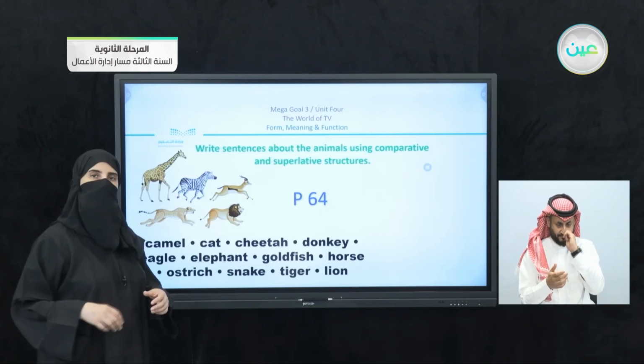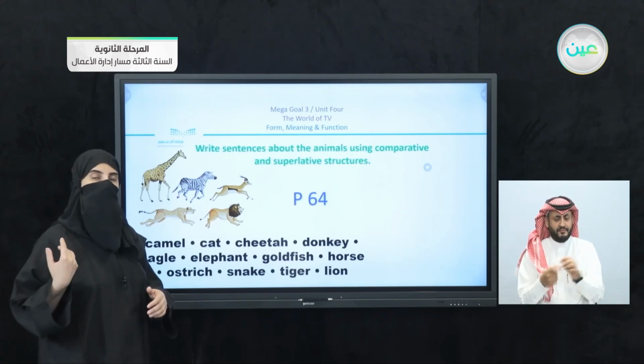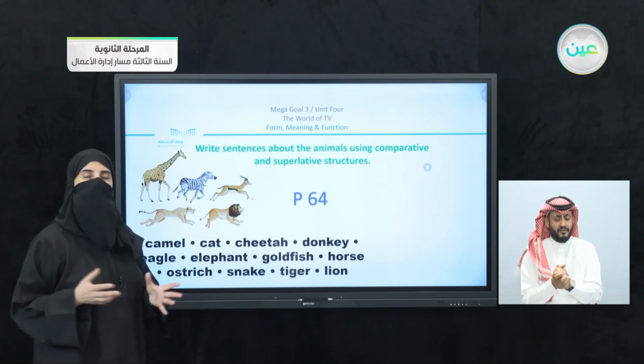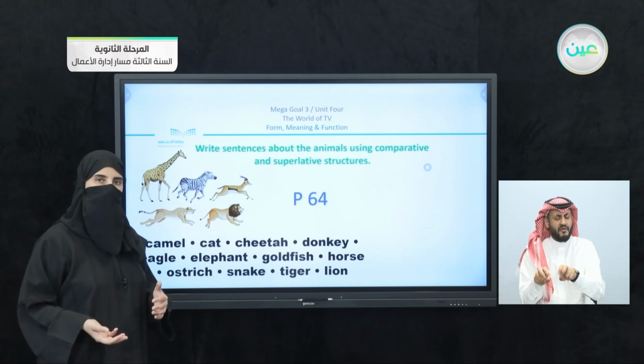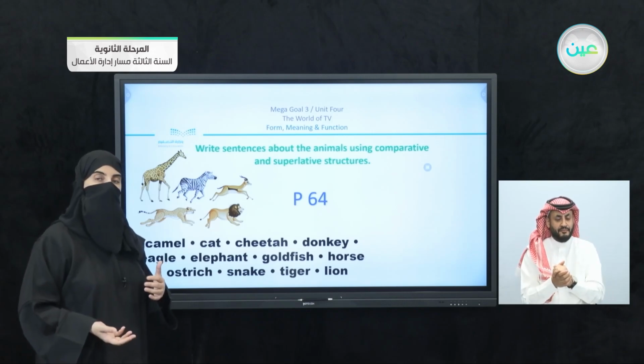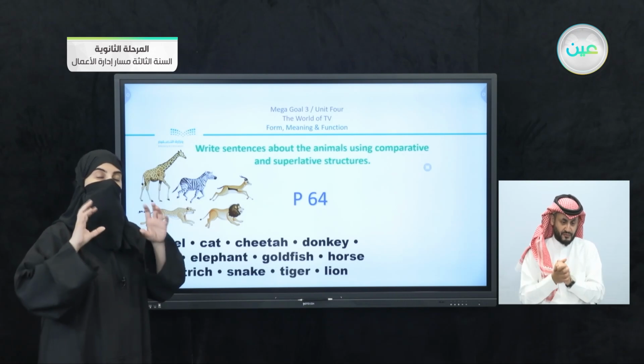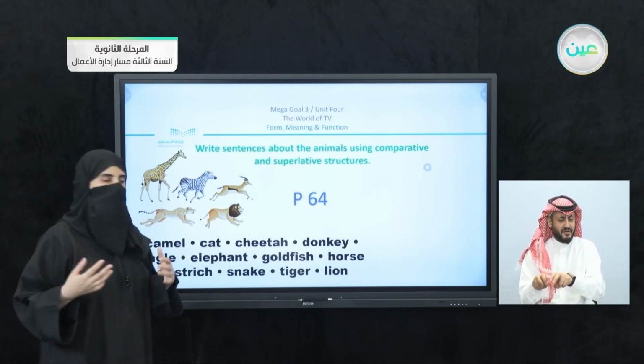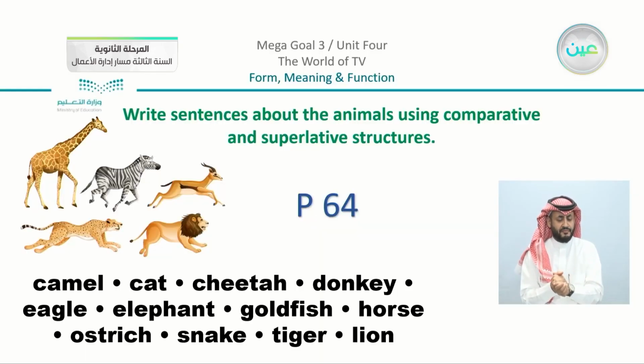Now, this takes us back to our first unit, Unit 1, when we talked about fearsome animals and predators. If you remember, we talked about symbiotic teams, and there were animal teams actually. For example, we have here the animals. We can see that there is the camel. We have here cat, cheetah.